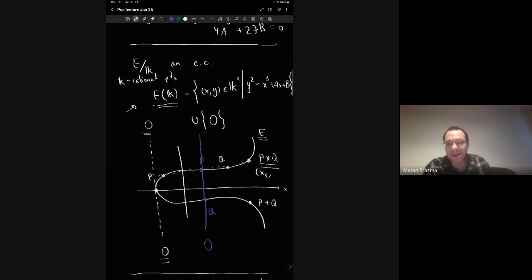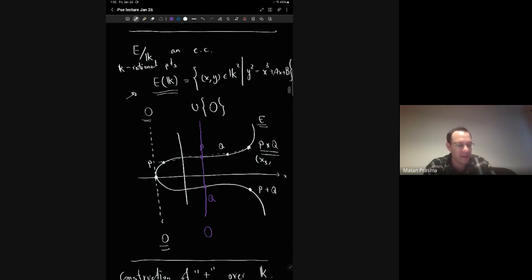This is something you need to either do yourself or let a computer verify. But still, it's important to understand how this is defined over a general field.